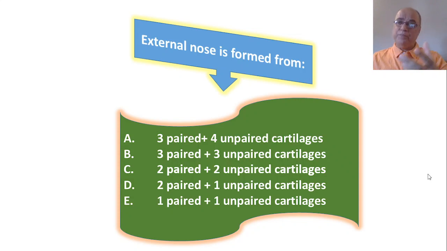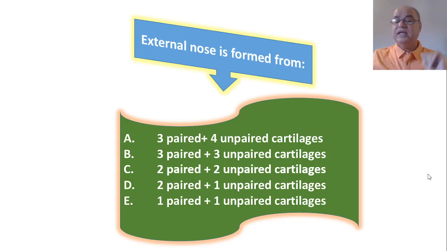So there are two pairs of upper and lower lateral nasal cartilages. Then in between these comes the upper part of the nasal septum, the nasal septal or quadrilateral cartilage, which is unpaired.